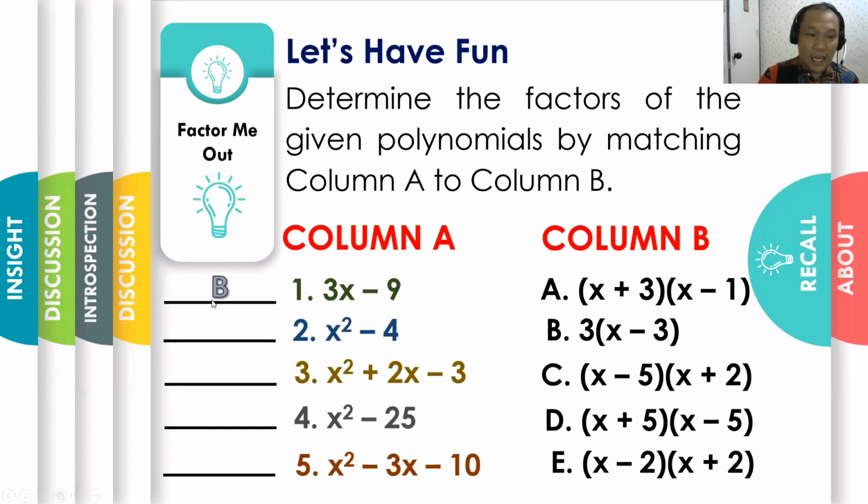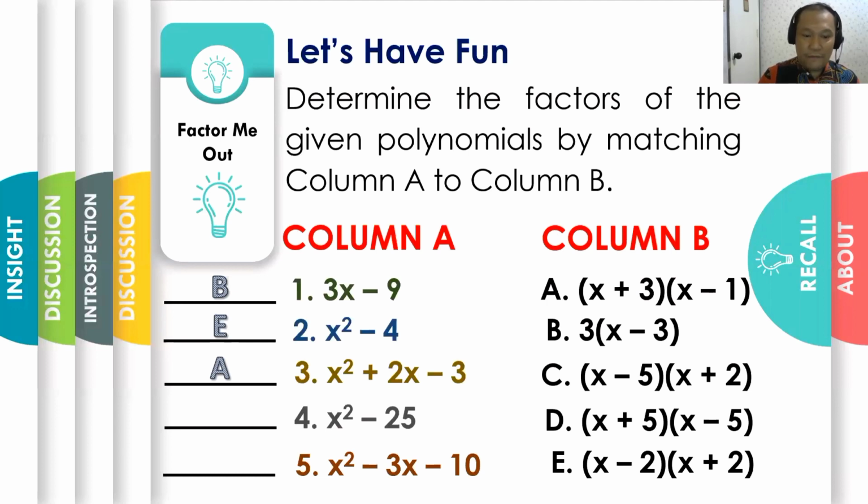That is letter B. Okay, for number 2, we do have letter E, which are x minus 2 and x plus 2. Okay. Next, for number 3, we do have letter A, x plus 3 and x minus 1.